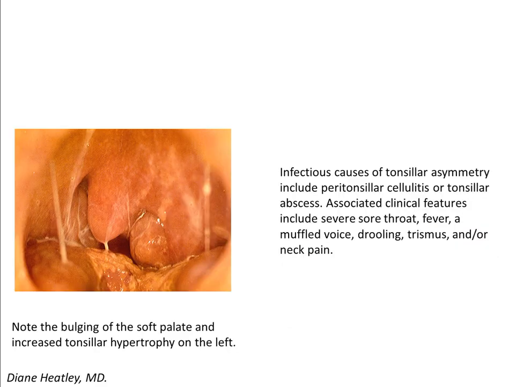Infectious causes of tonsillar asymmetry include peritonsillar cellulitis or tonsillar abscess. Associated clinical features include severe sore throat, fever, or muffled voice, drooling, trismus, and neck pain. And you can see on the picture bulging of the soft palate and increased tonsillar hypertrophy on the left.